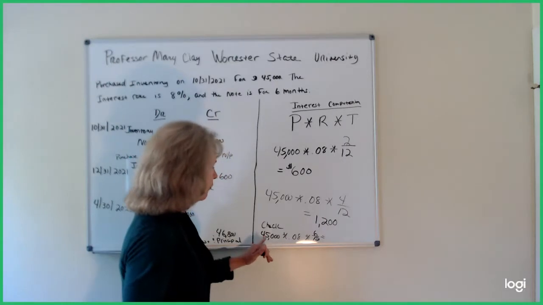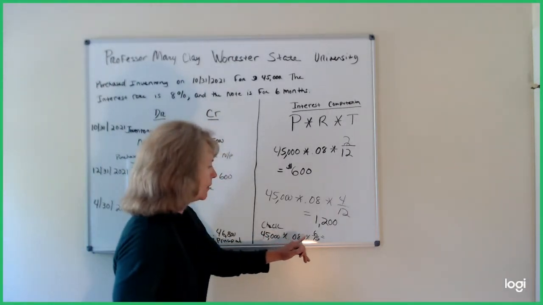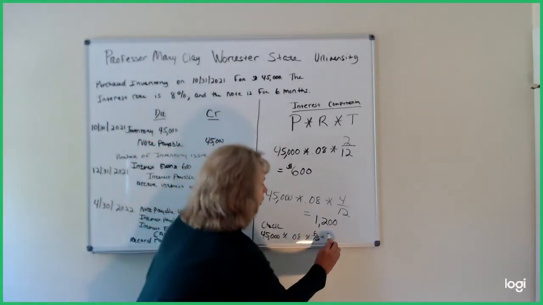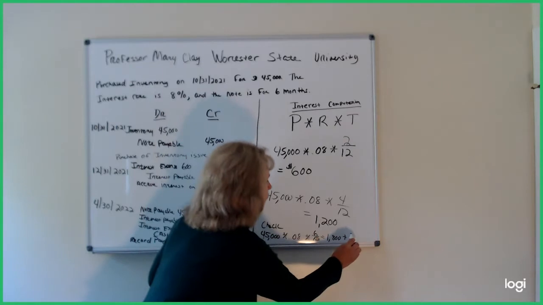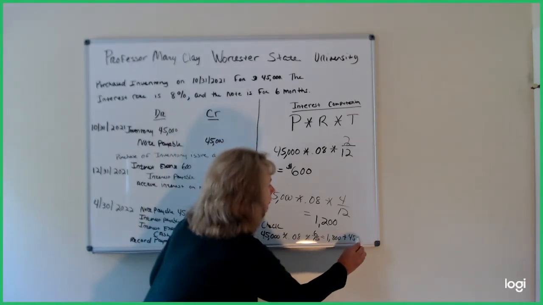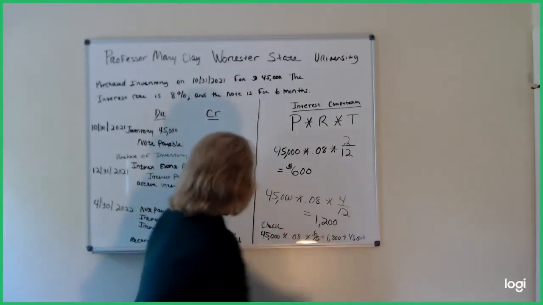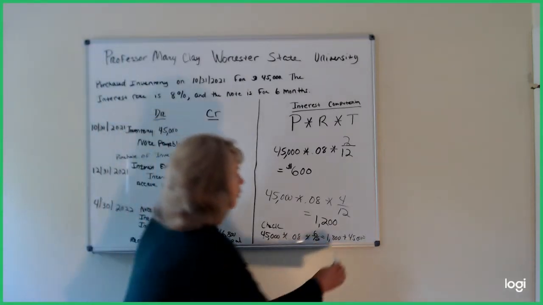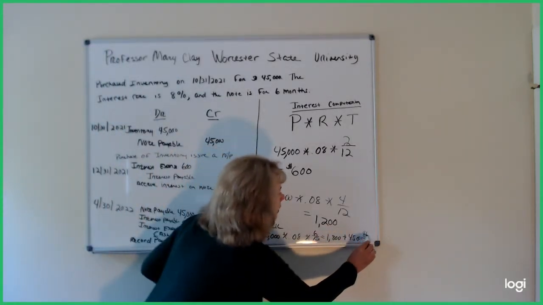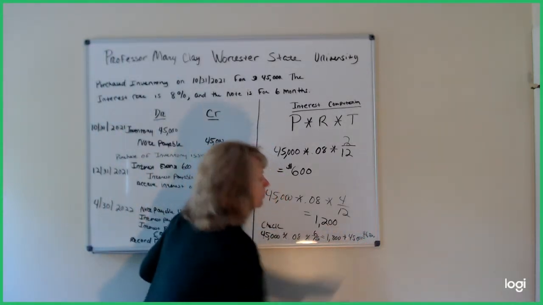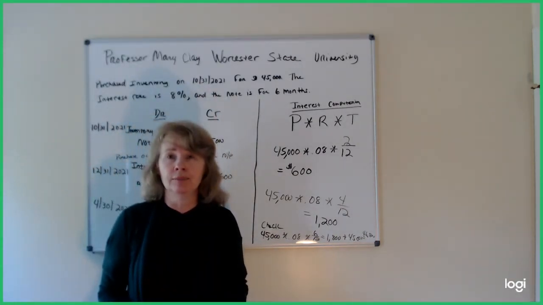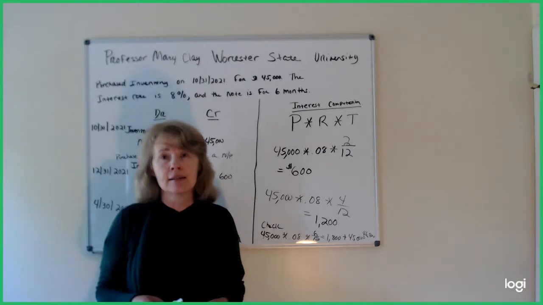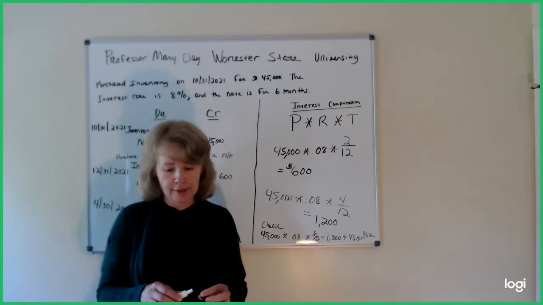That gives you 45,000 times 0.08 times 6/12, which is 1,800, plus I add in my principal, 45,000. And that gives me the same as what I have over here, 46,800. And that's it. That's how you complete a note payable. I'm going to have, again, separate videos for different liabilities.